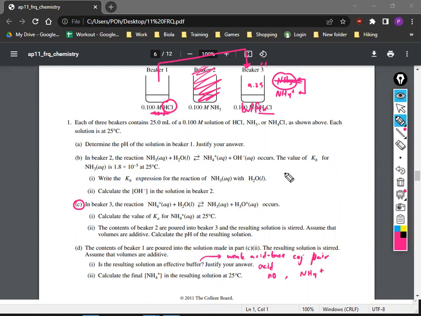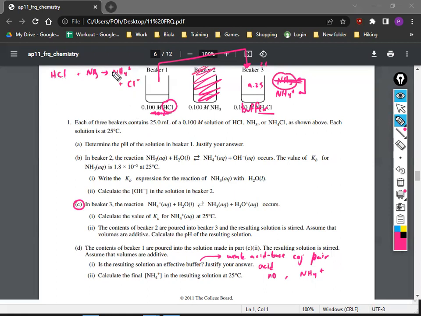No, because that's an acid. The HCl will react with the NH3 to produce NH4 plus and Cl minus, and since it's a strong acid, the reaction only goes one way.